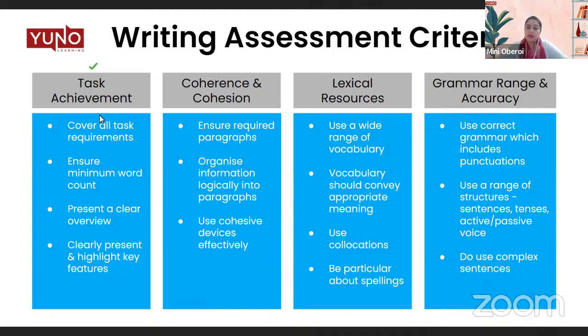Now, when we talk about task achievement, remember it includes that we must cover the task requirements. That means we should always summarize the given information. We should have a structured report. And when we talk about the structure, the first and foremost thing is the length of the report, right? Writing the content in the correct length.